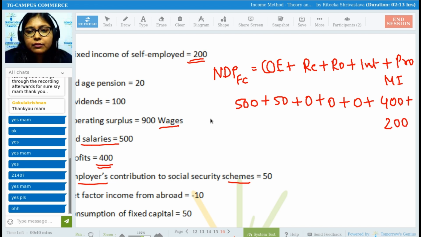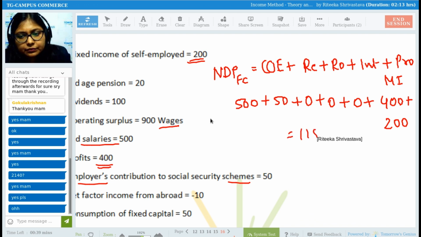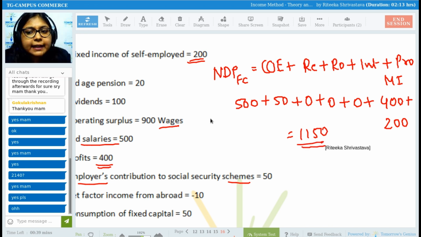So calculate how much you are getting. 500 plus 50 plus 400 plus 200 is 1150. So we got NDPFC.